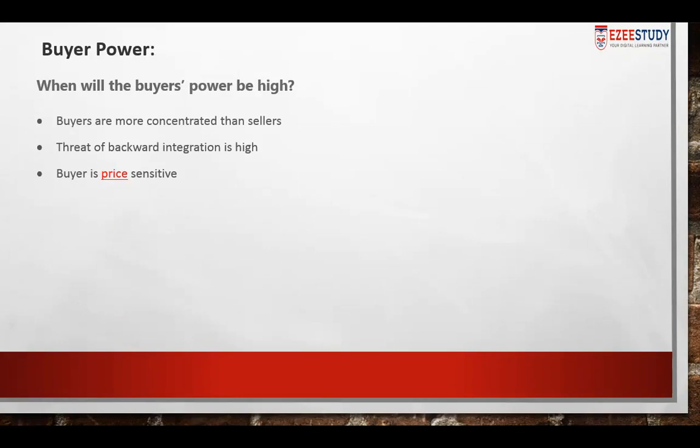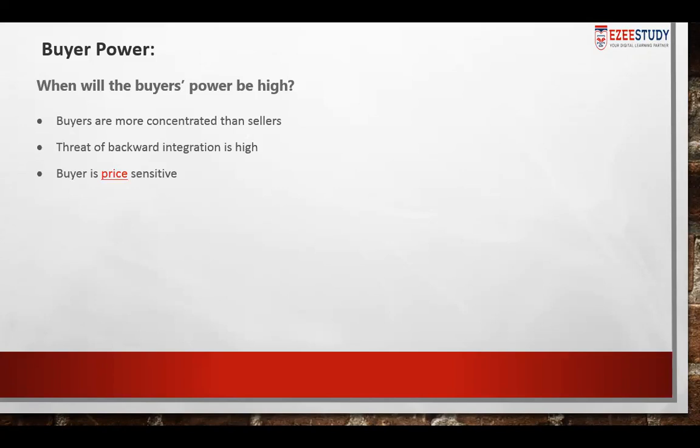It means that if a buyer is price sensitive and is very cautious about changes in price, it will be difficult to change the prices, as this may lead to losing the customer. So when a buyer is price sensitive, the suppliers will be very cautious about any changes in the price.